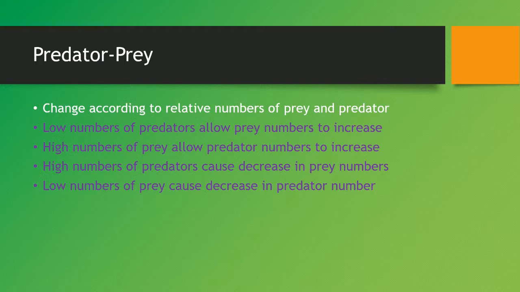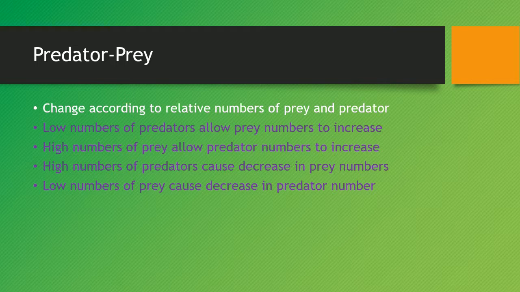You then have predator-prey. This is quite an easy one. They change according to relative numbers of prey and predator. If there are low numbers of predator, this allows the prey numbers to increase as they're not being hunted. But if there are high numbers of prey, then the predator numbers will increase. So once the prey increase, the predator numbers will start to rise again because there's a lot of prey for them to eat.